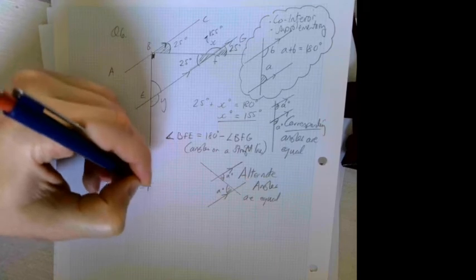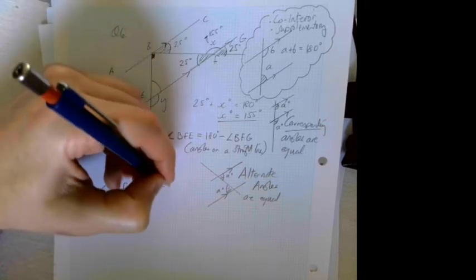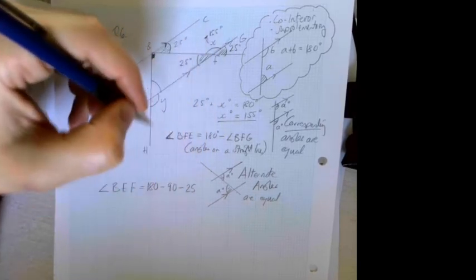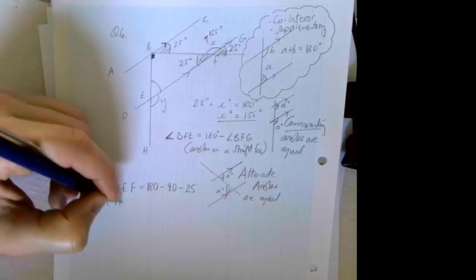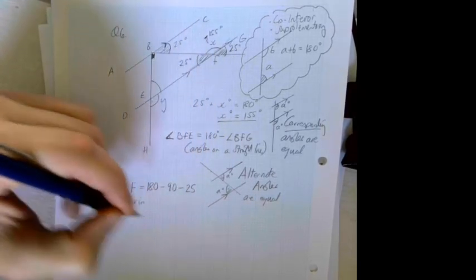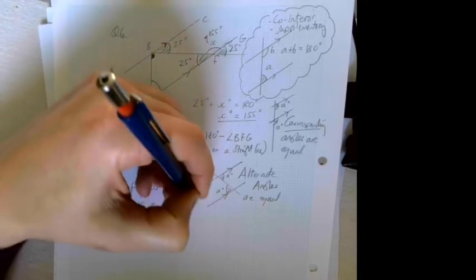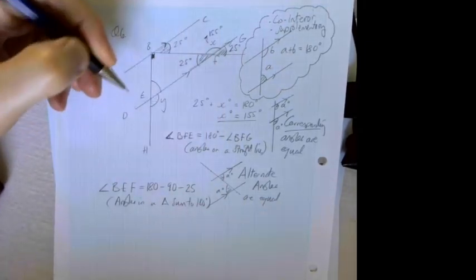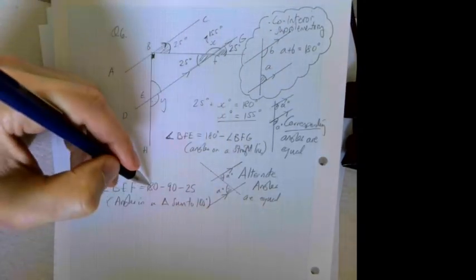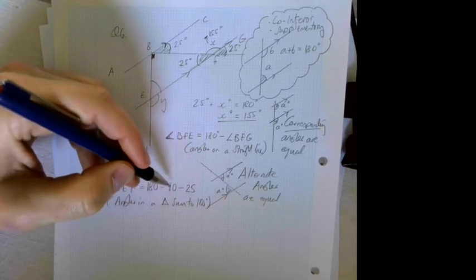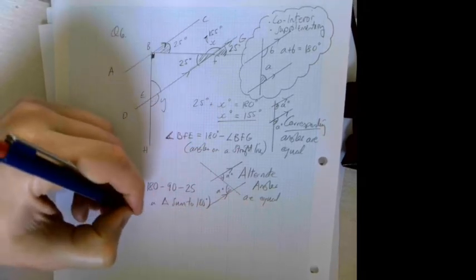That's going to be 180 degrees minus 90, for the right angle, minus what we've just found out, which is 25 degrees, and that's because angles in a triangle sum to 180 degrees. So if I did 180 minus 90, that's 90, 90 minus 25, I think that's going to be 65 degrees.